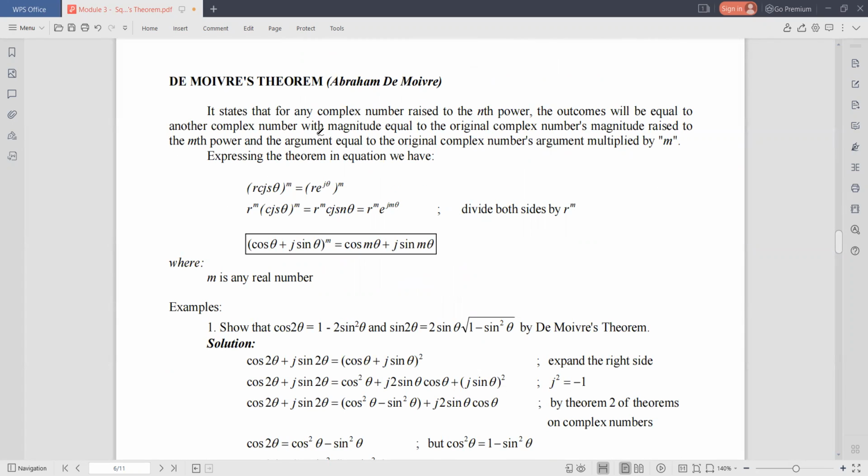It states that for any complex number raised to the nth power, the outcome will be equal to another complex number with magnitude equal to the original complex number's magnitude raised to the nth power, and argument equal to the original complex number's argument multiplied by n. Expressing this theorem simply, it is just your simple equation here.